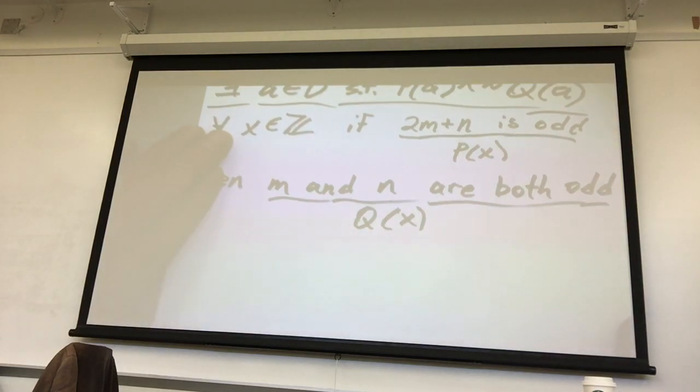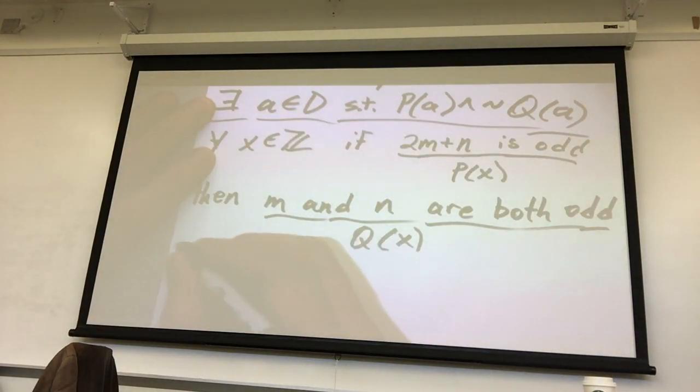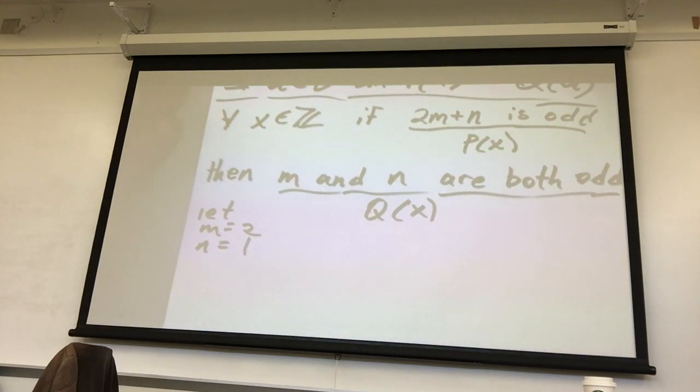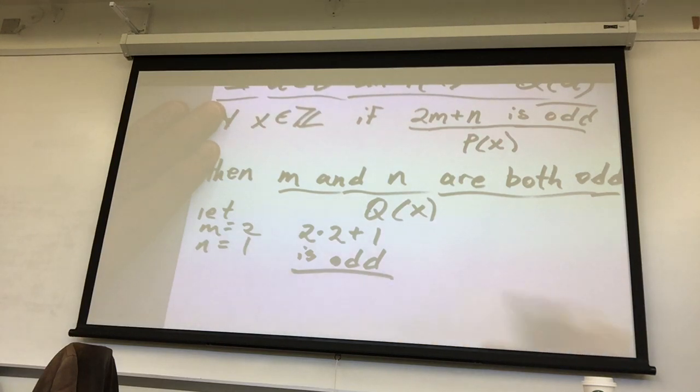Okay, so let's think about it this way. What if I said we're trying to find this statement right here. If I let m equal 2 and n equal 1, then 2 times 2 plus 1 is odd.